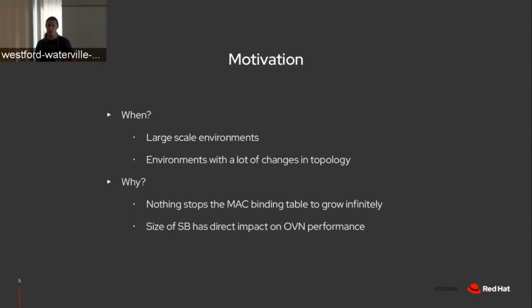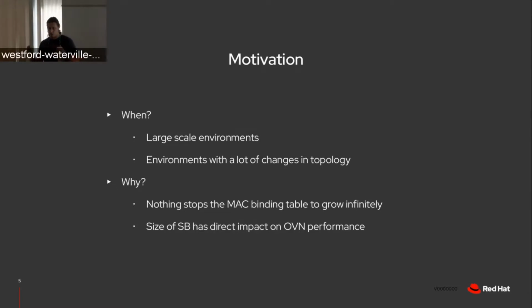If we see for the same IP address that the MAC address changed, we just replace that in the table. But once the row is in the table, we don't do anything with it, so it stays there forever.